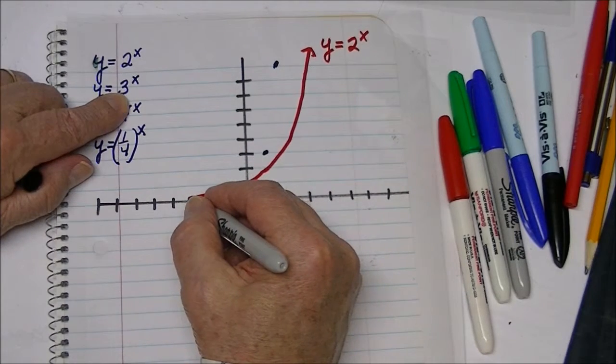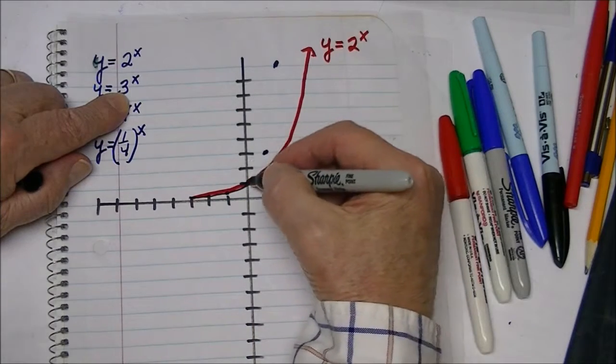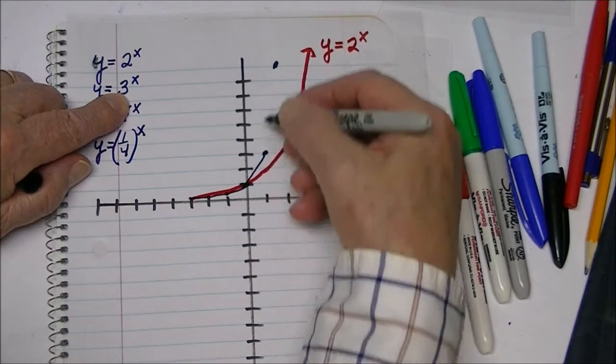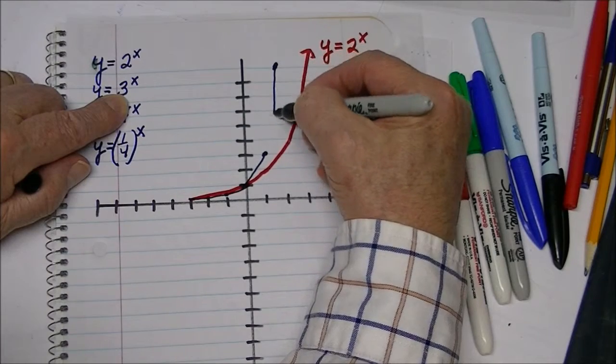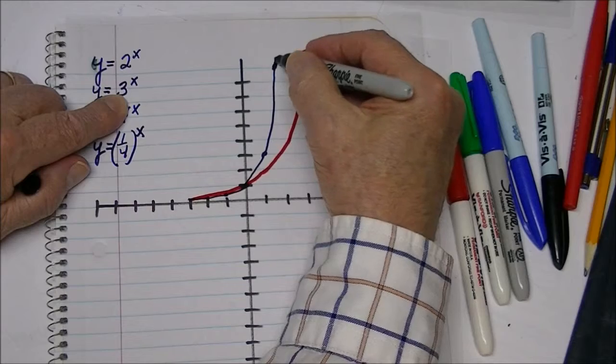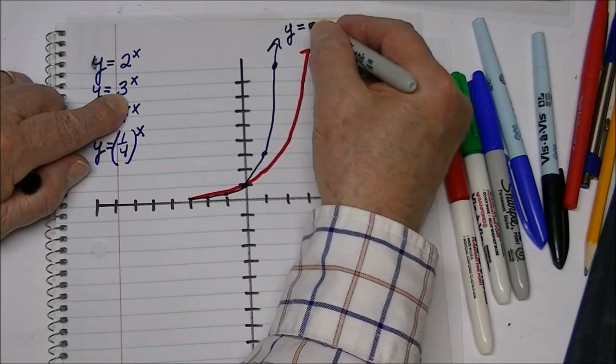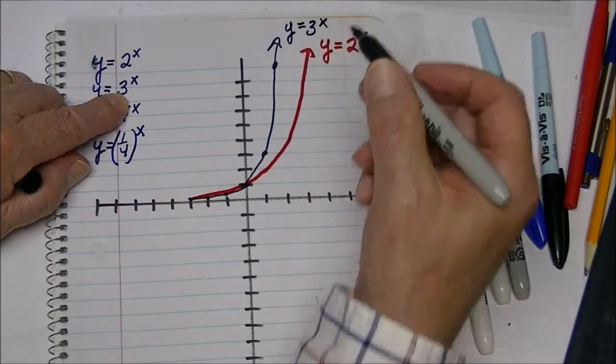So this curve, again, in here it's kind of hard to see, but it's like so. And it goes up to there, and it comes down like so. So this would be y equals 3 to the x power.